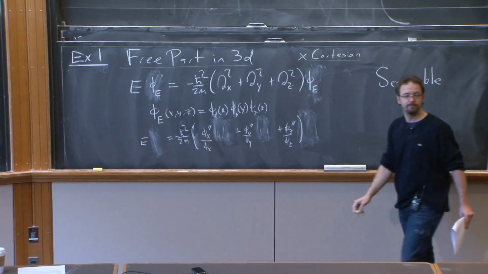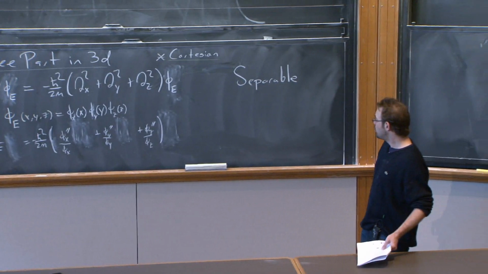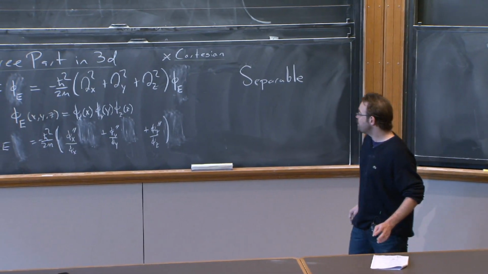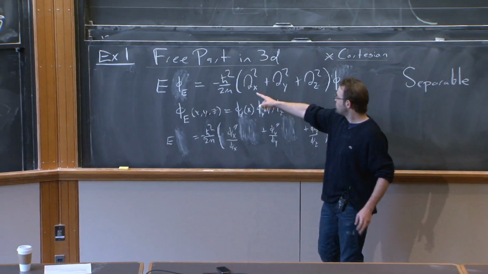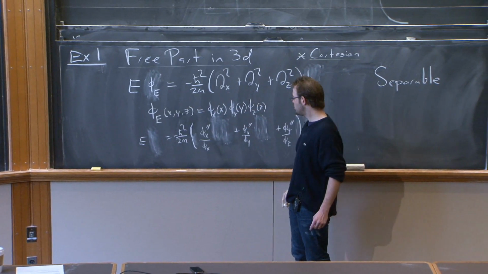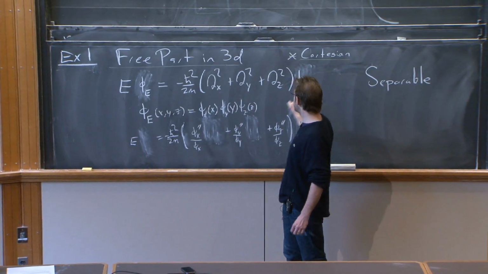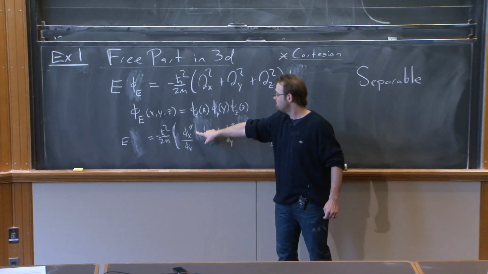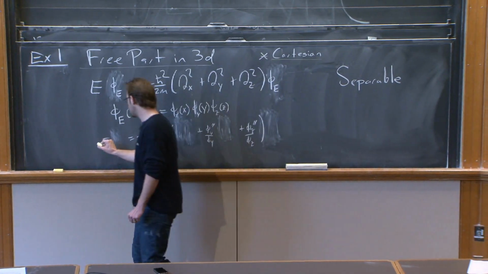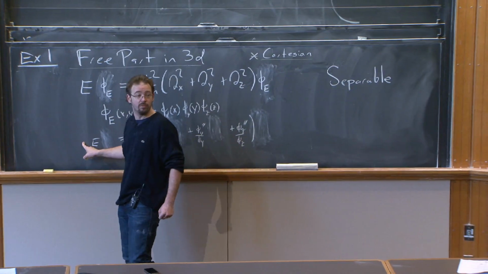Everyone cool with that? Do we also lose the minus h bar squared over 2m? I don't think so. Minus h bar squared over 2m just hangs out for the ride. So when I take the derivatives, I get these terms. Then I have E times the function. We could certainly write this as 2m over h bar squared and put it over here. That's fine.